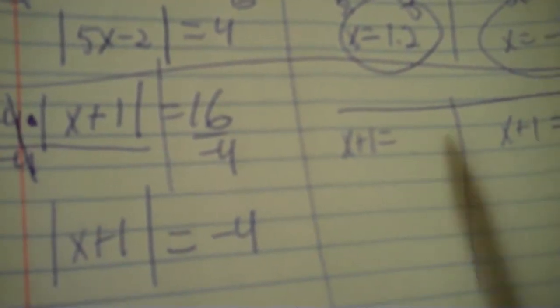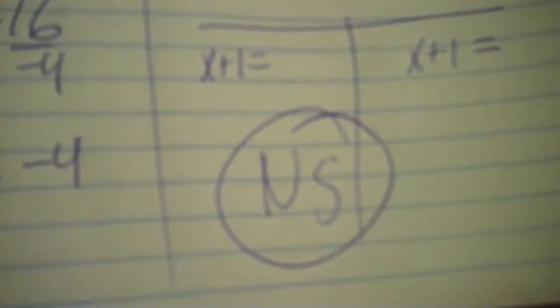In all these problems, I go positive, negative. You can't go negative and positive. Your absolute value cannot equal a negative number. Well, after you get rid of the operations outside of the absolute value, if you have a negative, it's no solution. Okay? No solution. And when I look through the assignment, I see one where there's going to be a no solution.